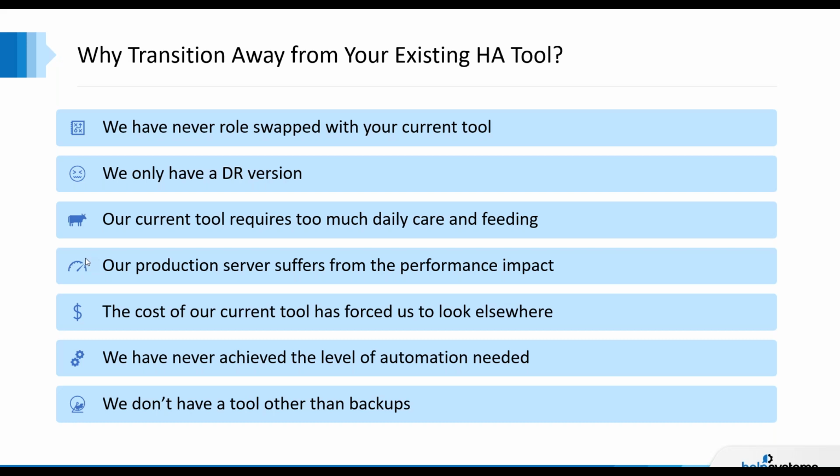I guess second one on the list, some tools have different tiers, and on occasions, a DR version doesn't include the ability to role swap. It's only a single route replication direction.